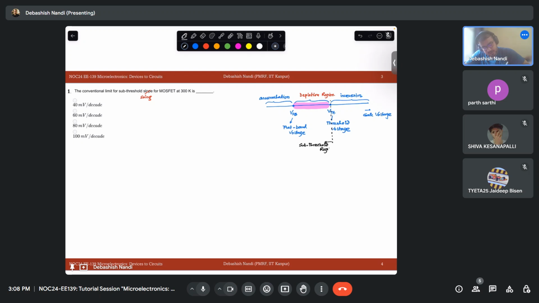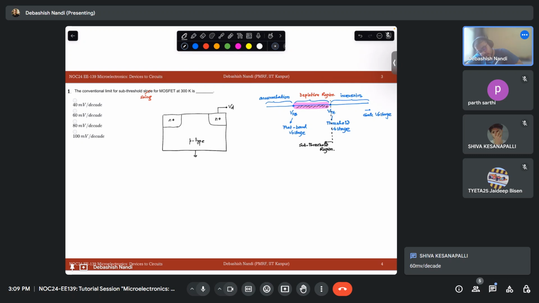Subthreshold region. So the question is, why are we focused only on this part? We are not focused on accumulation. If I draw a MOSFET, let's say this is my N plus, this is my N plus, this is my P type substrate. Let's say this is ground, this is my VD.